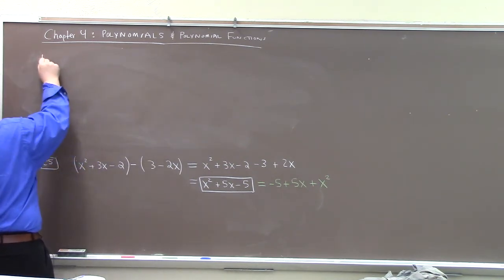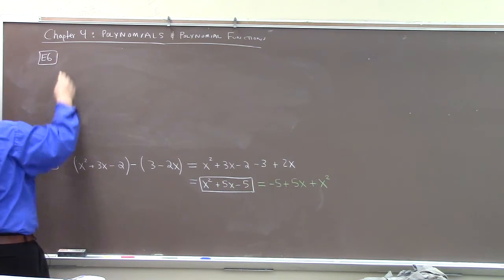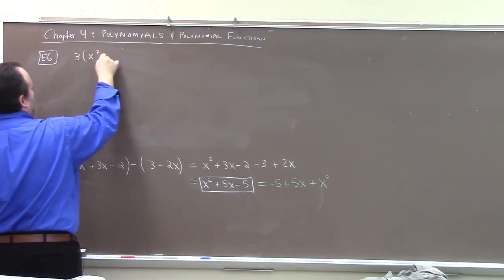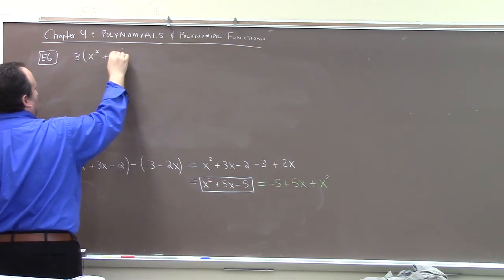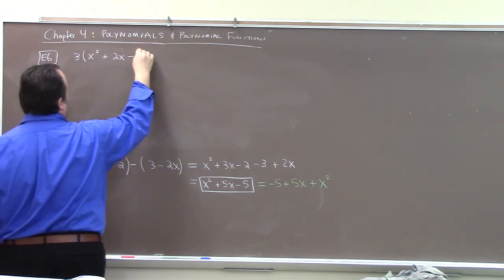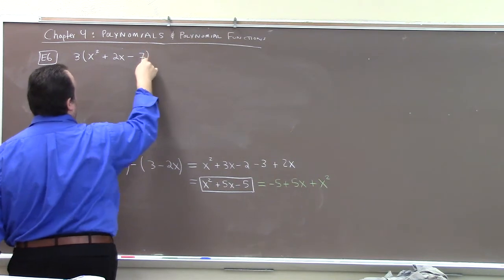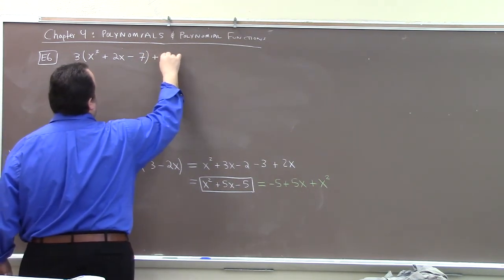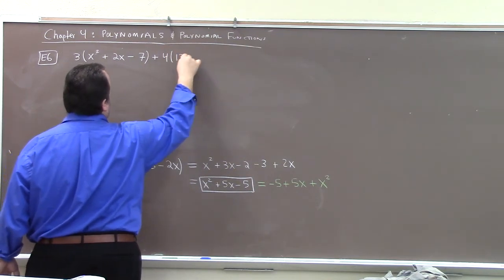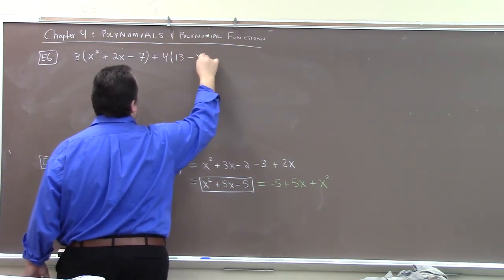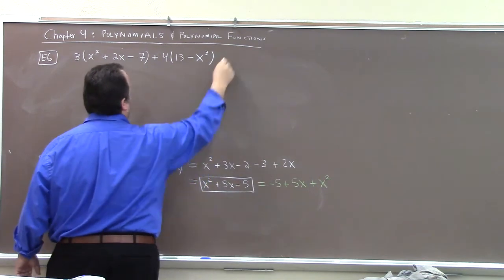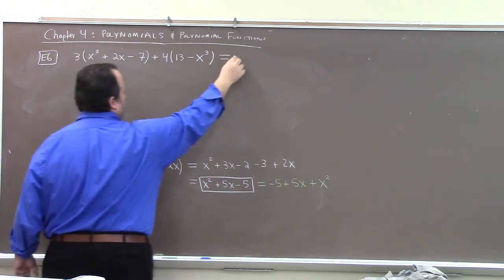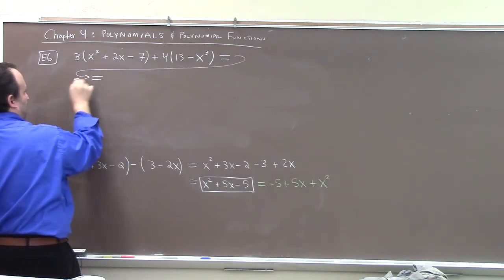So example 6. Here's another one. We get something like 3 times x squared plus 2x minus 7 plus 4 times 13 minus x cubed. All right, so I'm going to do one of these.